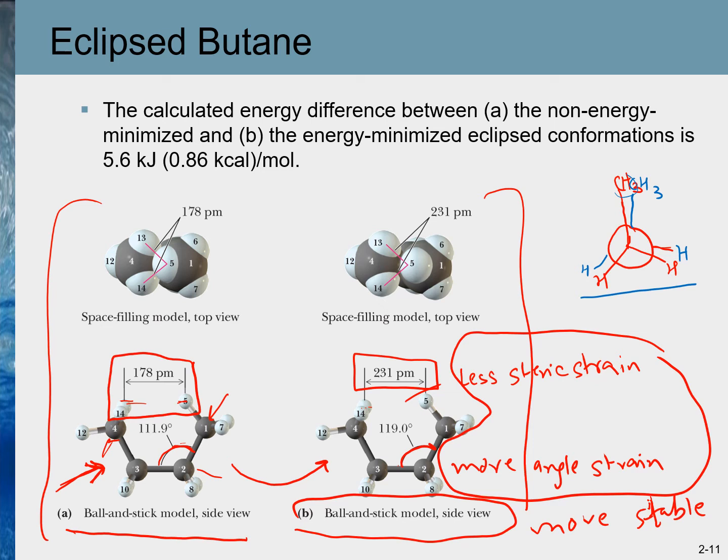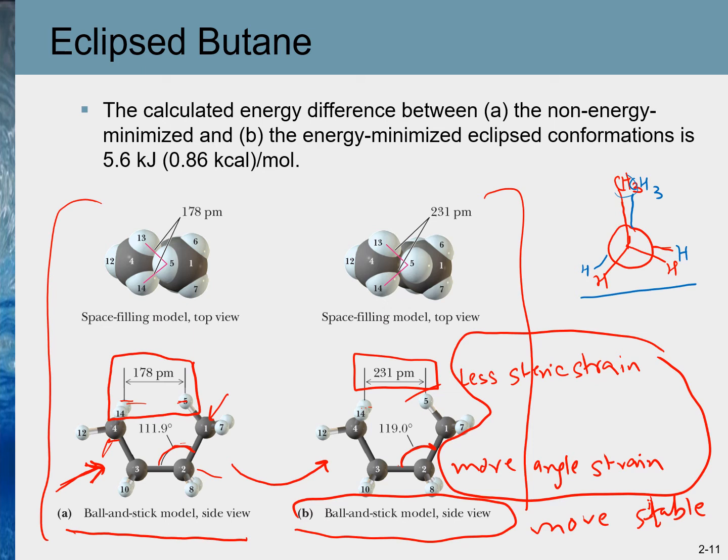So now we can understand that the angles in all these molecules will be slightly more or slightly less than the ideal values of the sp3 hybridization state, and that's all to reduce the strains caused by steric repulsions.